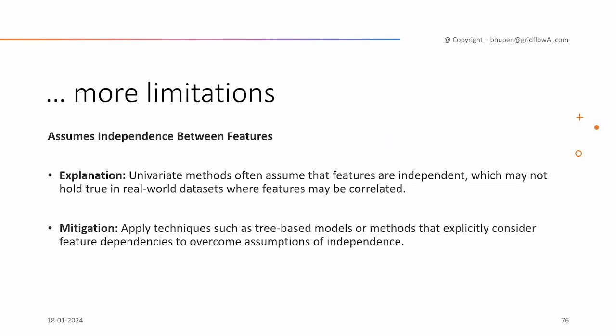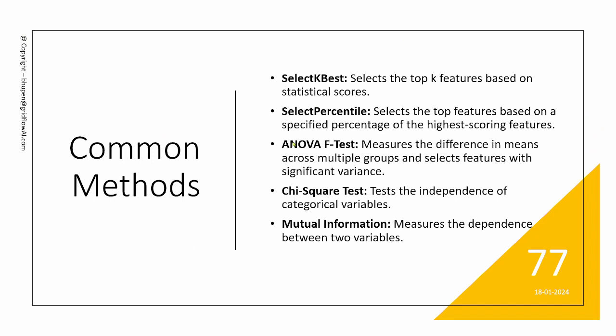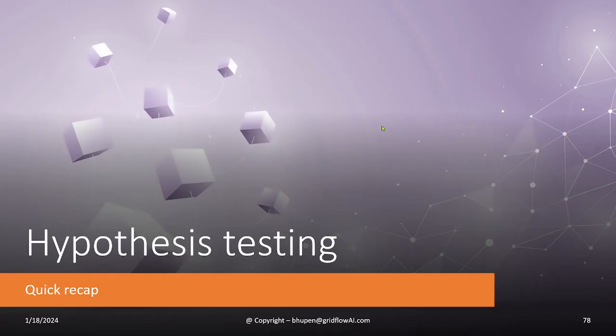That's another limitation. Some of the methods that are used: ANOVA, chi-square, t-test, SelectKBest, and mutual information, and these are very popular univariate feature selection methods.